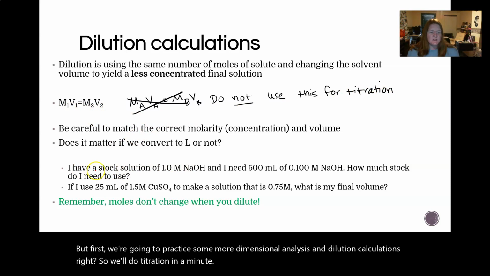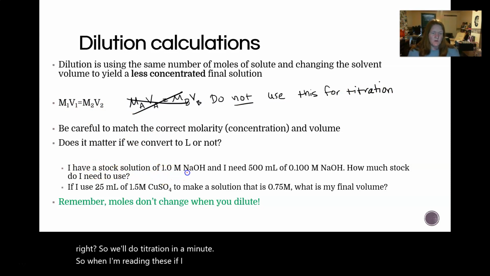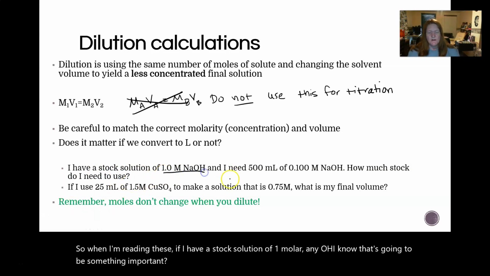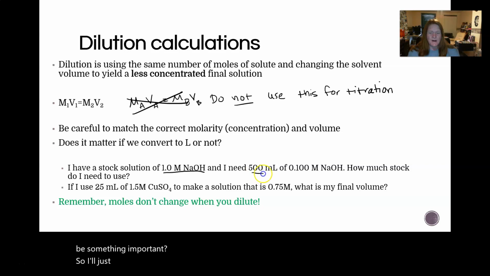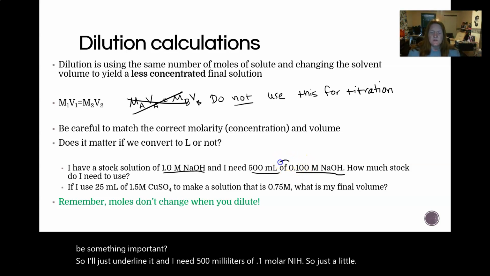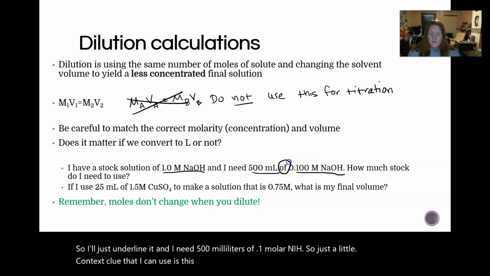When I'm reading these, if I have a stock solution of 1 molar NaOH, I know that's going to be something important, so I'll just underline it. And I need 500 milliliters of 0.1 molar NaOH. A little context clue that I can use is this word "of." Of always means multiply.